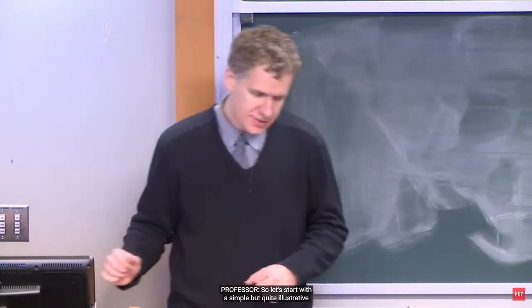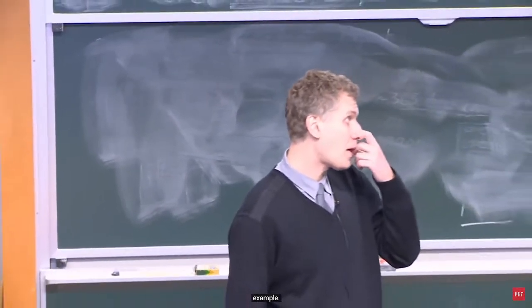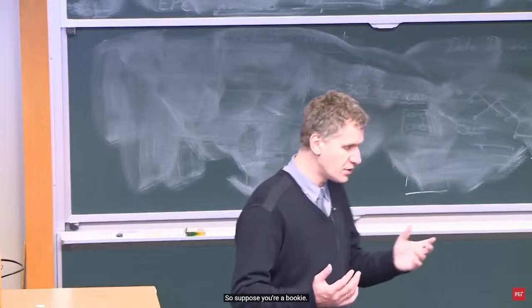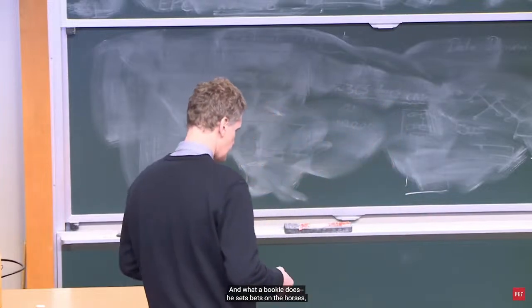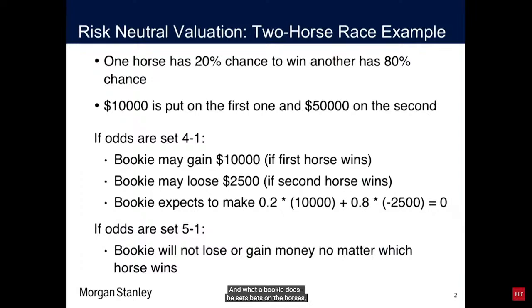So let's start with a simple but quite illustrative example. Suppose you're a bookie. And what a bookie does is he accepts bets on the horses, sets the odds, and then pays money back, probably collecting a fee somewhere in between.